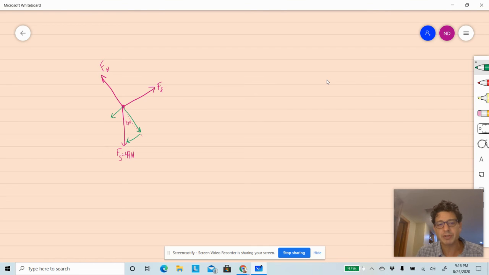The force of friction, if I go sum of the forces in the x, we'll call up the ramp positive. Force of friction plus this part. This part is opposite 37, Fg multiplied by the sine of 37.